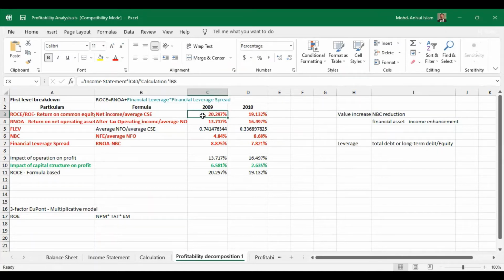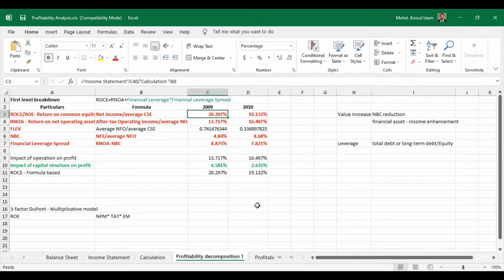on this profit. Note that in the level 1 breakdown, as I have mentioned in the sheet name, our purpose is to measure the impact of the leverage. Okay, do not forget the purpose. You will confirm the purpose after having the calculation or after having the understanding of the total scenario.